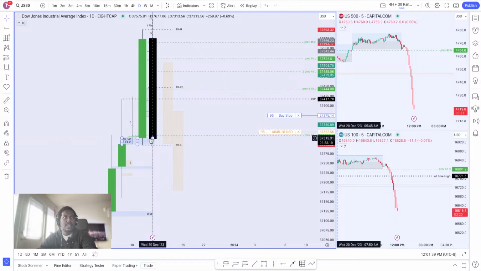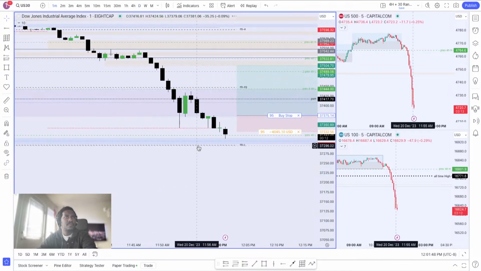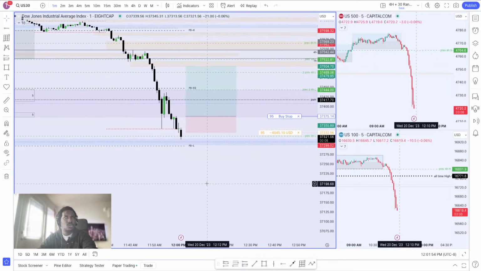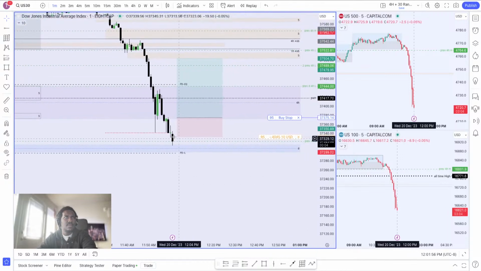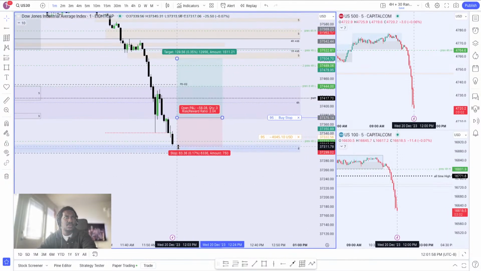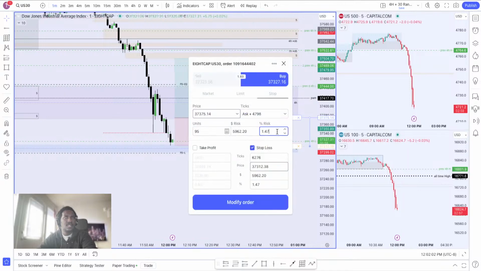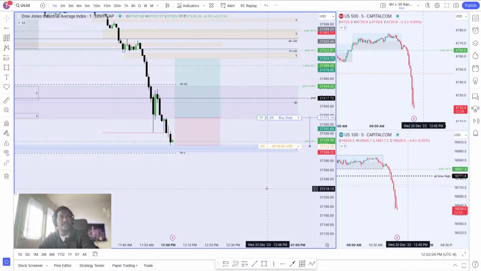So if we do cross that low, then we can see if we can model a trade from there. For now, I think I'm good with that swing high just right there. Well, in the meantime, let's see. So now my stop loss is supposed to be where price is at. Have all those levels covered.